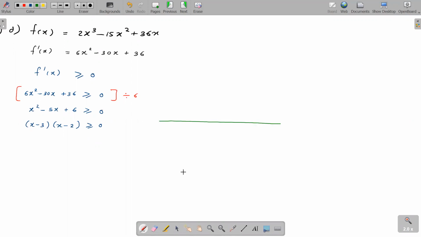So what are the two x values we have here? x minus 3 means the x value is plus 3, and x minus 2 means the x value is plus 2. Okay, then if you want, the number line method is a lot easier, I feel. You could input an x value.